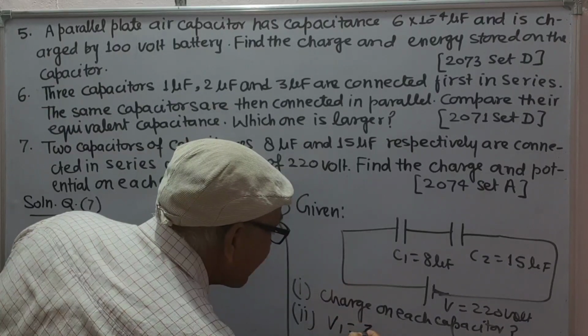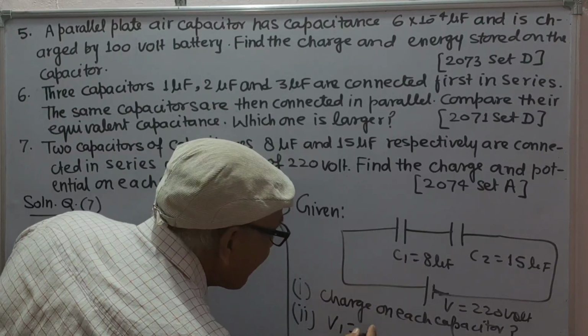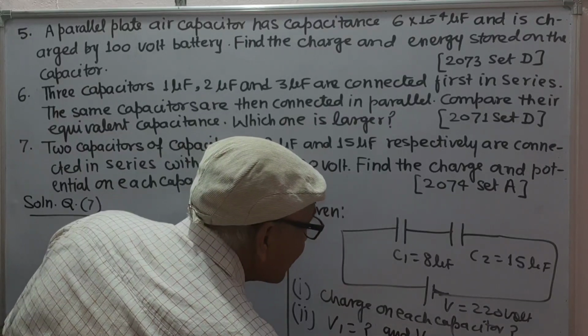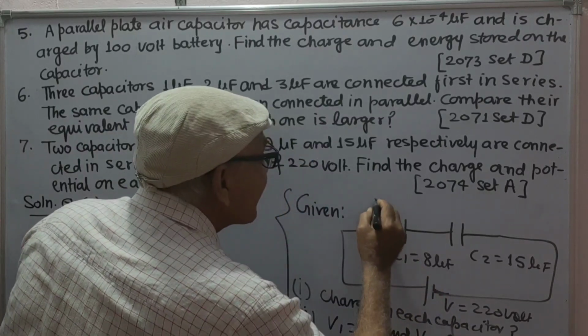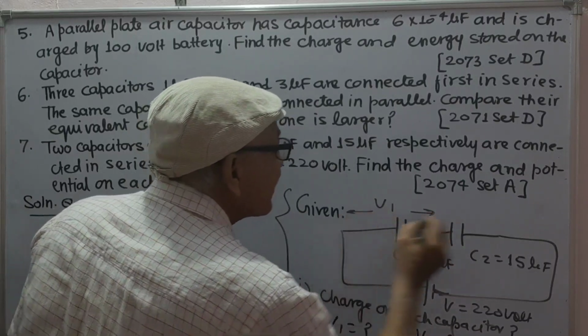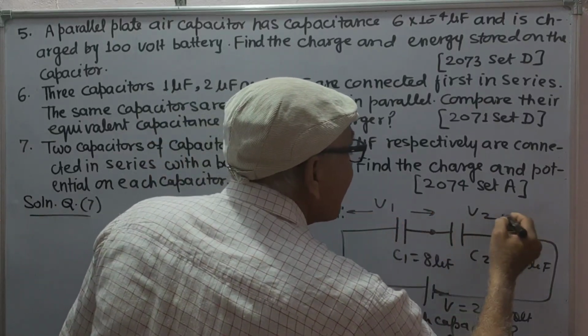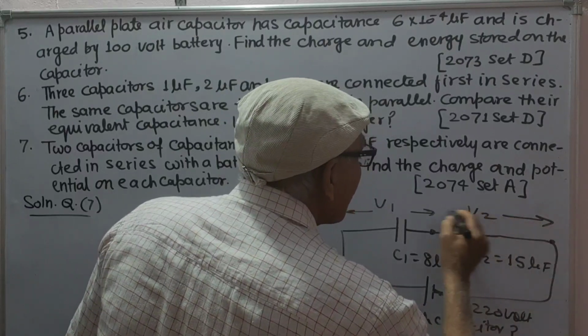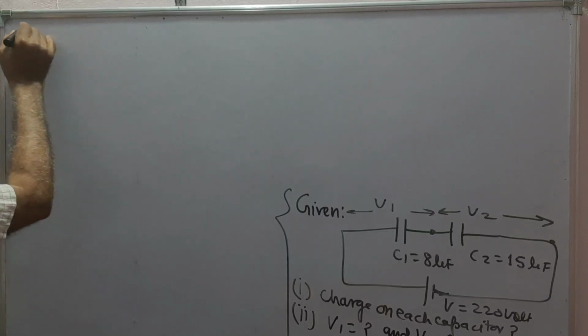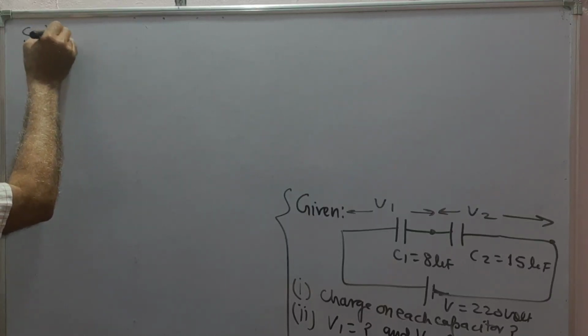V1 is what? And V2 is what? Means potential across each capacitor. This is V1 and this is V2. Now solution to question 7.